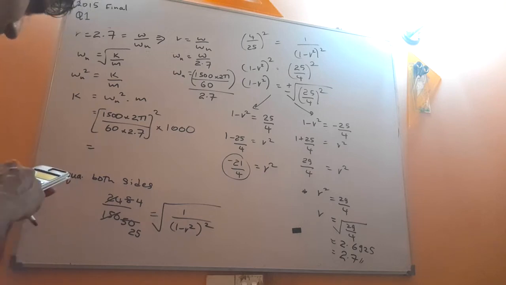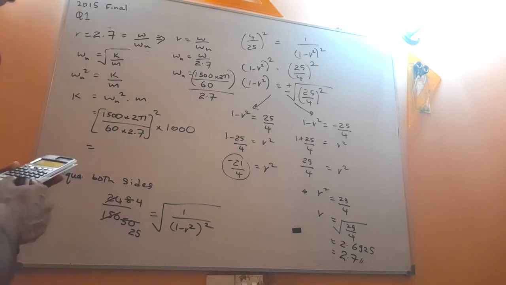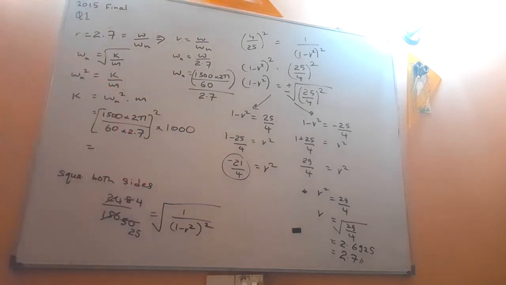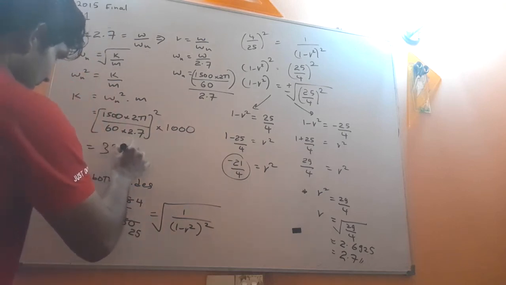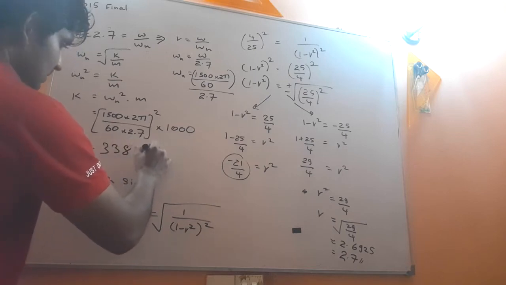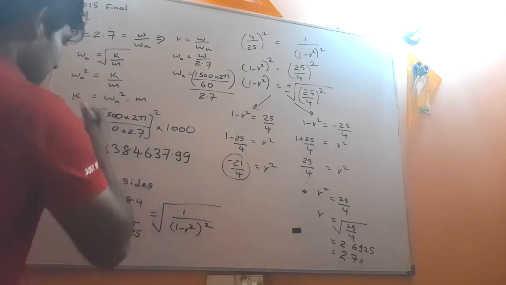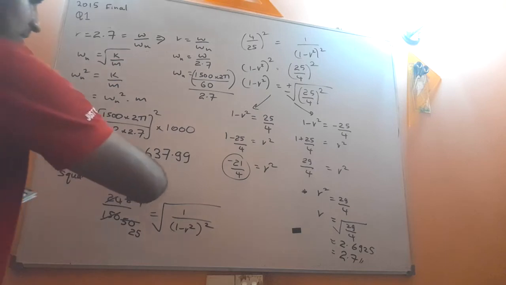Total square of that, then multiplied by 1000, right. So the answer will be a very large value, 3,384,637.99. So it is 3,384,637, right.